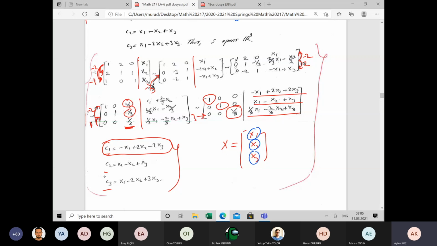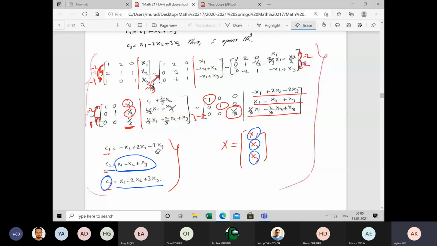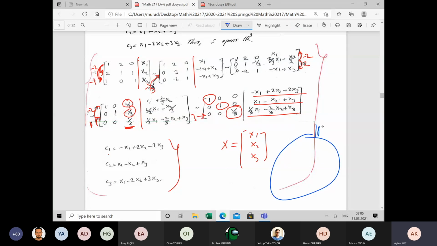C2 depends on x1, x2, x3, as C3 depends on the entries of x. So what does it mean? Take an arbitrary vector in space here. We don't know the components. Take x1, x2, x3. Our solution depends on the vector.